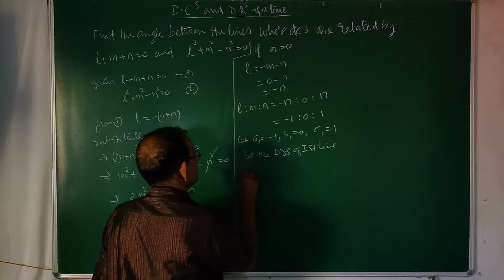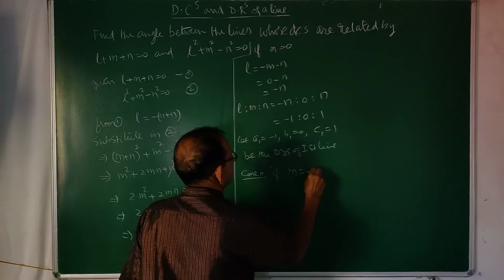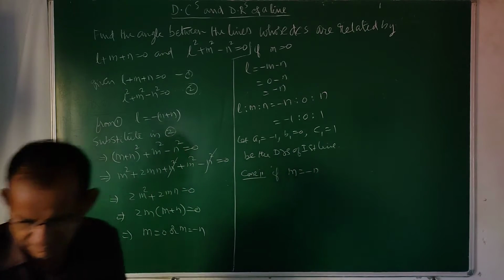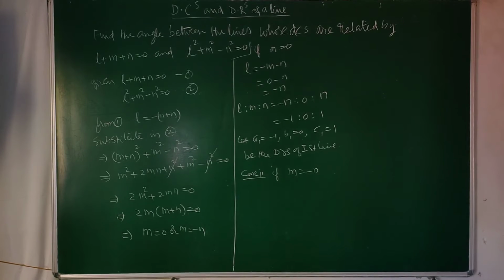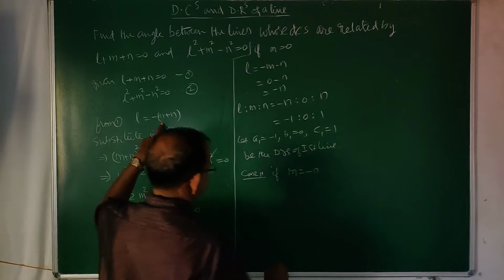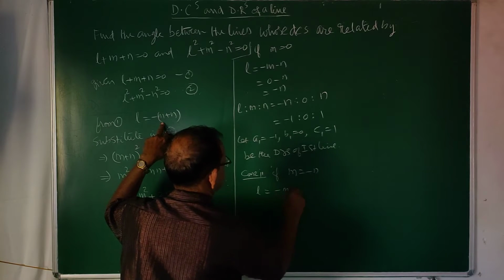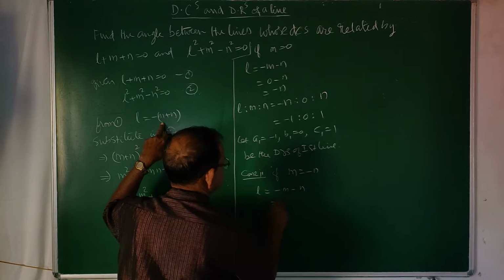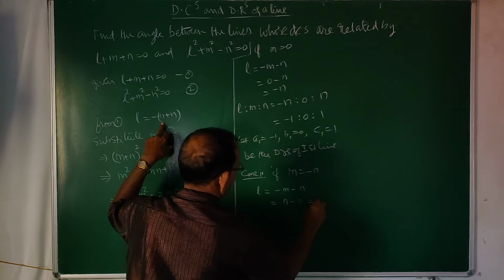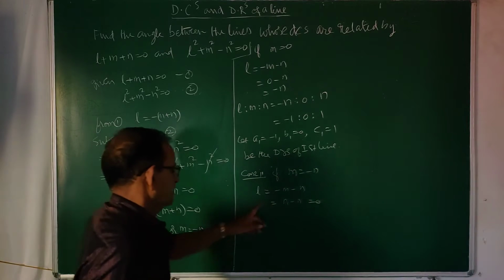Case 2: if m is equal to minus n, then L is equal to minus m minus n, but m is minus n means plus n minus n, that is 0. L is equal to 0.